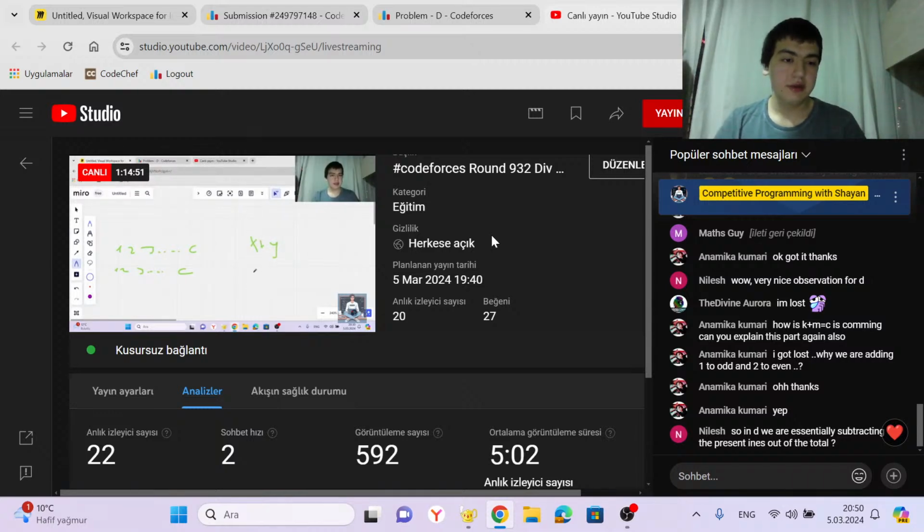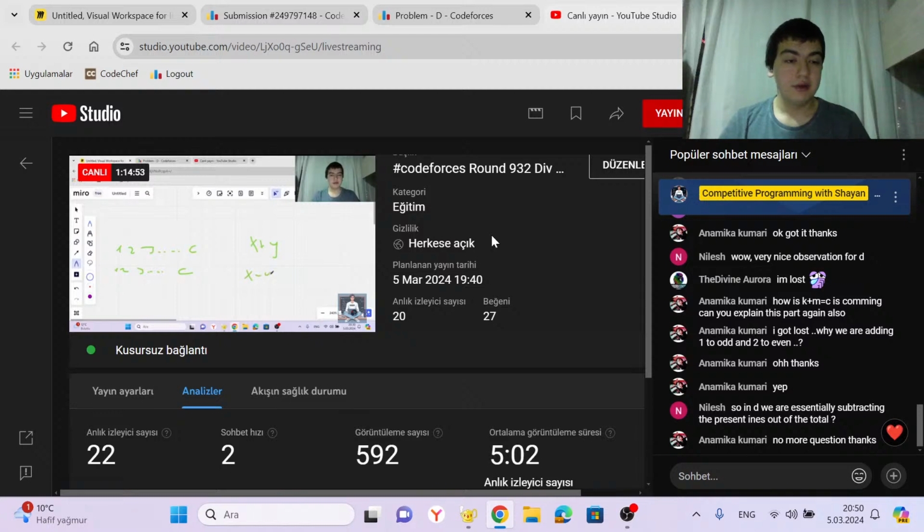Yes, we are decreasing. We are subtracting the values that collide with the elements in the set, because we are first selecting all elements in the empty set as x plus y and y minus x, but some elements are in the set. So what does the problem say?